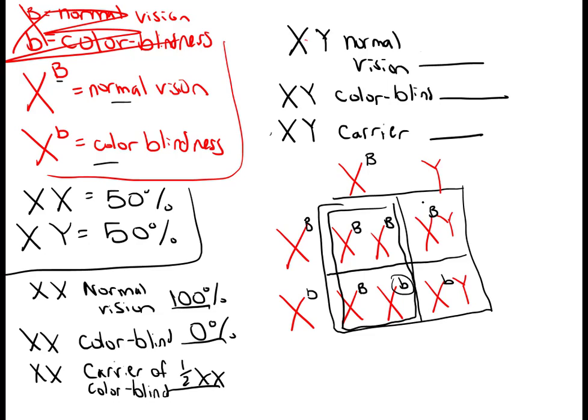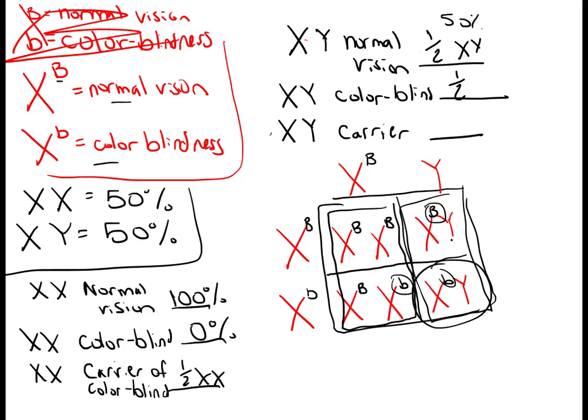Now let's look at the XYs. What are the chances of the XY having normal vision? Well, 1 out of the 2 possible XYs will have normal vision. So 1 out of the 2 XYs, or 50%, will have normal vision. What are the chances of having an XY offspring who's colorblind? Again, 1 out of the 2, 50%.